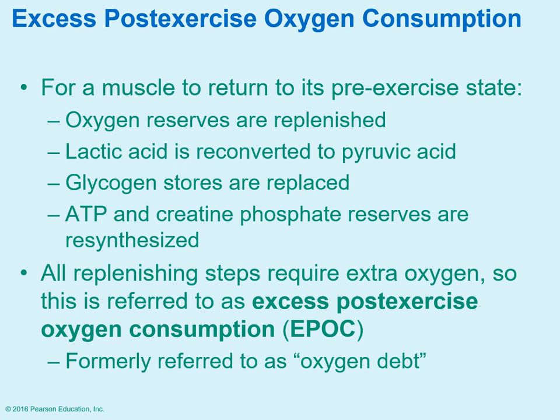You have to restore everything back to how it was, and that's going to require some extra oxygen, which is why once you stop running, you don't just automatically stop your deep breathing. You're still trying to get enough oxygen to help restore everything to that resting state. Years ago, we used to call that oxygen debt. Now we give it the name excess post-exercise oxygen consumption.